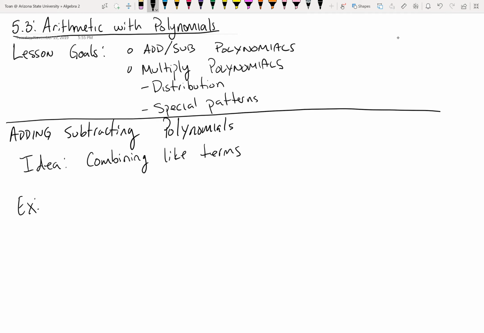For example, suppose I asked you to add, I don't know, 4x squared minus 6x minus 6, and I want you to add 8x squared minus 7x plus 4. Now, I added the parentheses for emphasis just to denote that this polynomial is different than this polynomial.